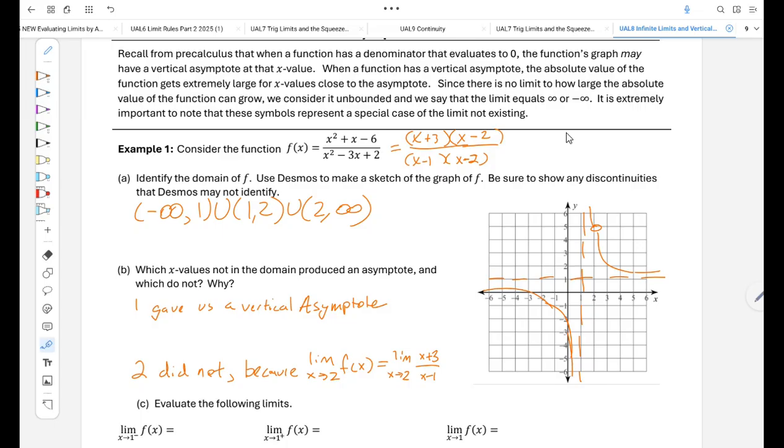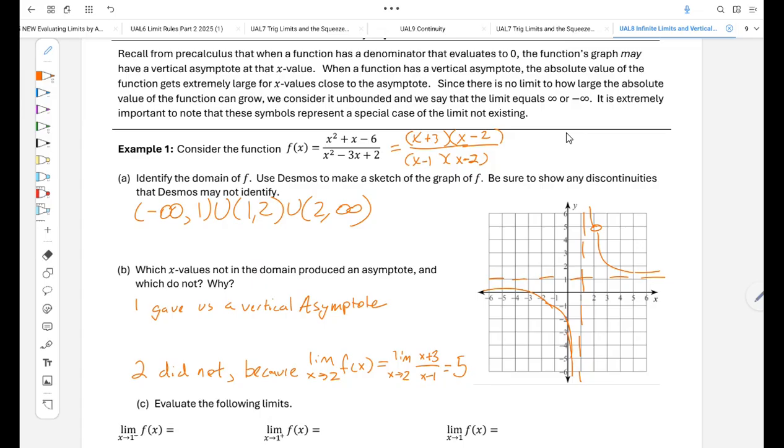So what I have written there is the canceled version of f of x, right? And that gives us 5 over 1, which is where the hole is. So when these limits come out a number versus does not exist, that's giving us information about what the graph looks like without graphing it.